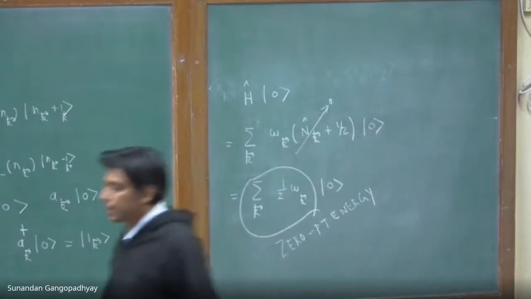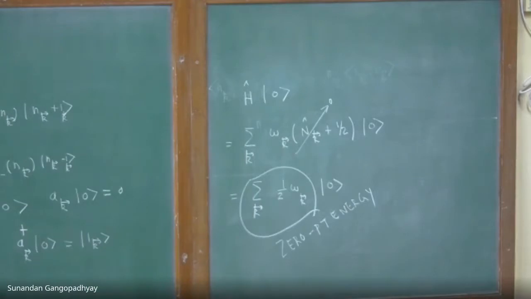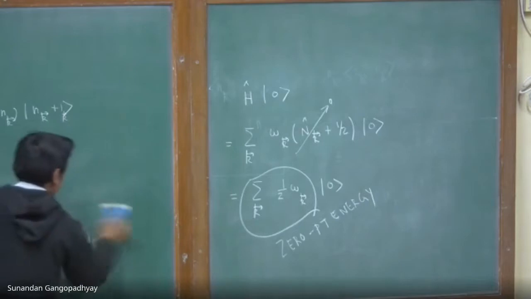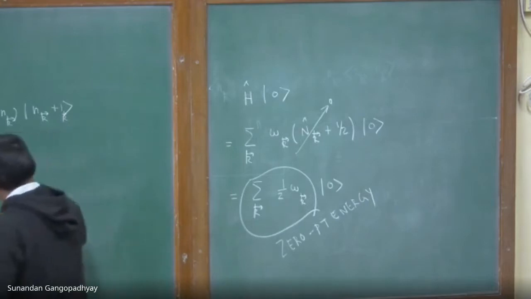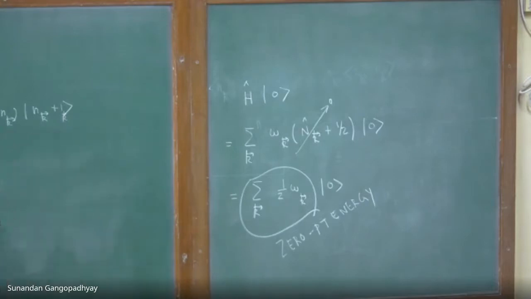Now in the previous lecture, we also discussed something that was important. We remarked about the following thing, which is normal ordering. So let us discuss what normal ordering is once more.